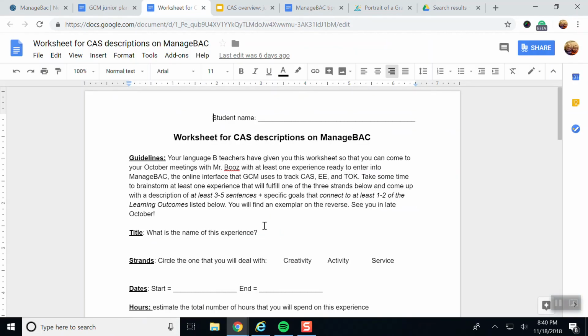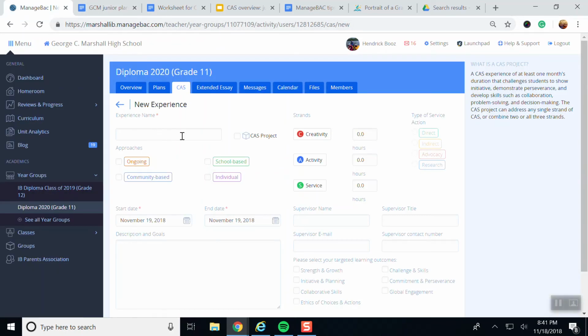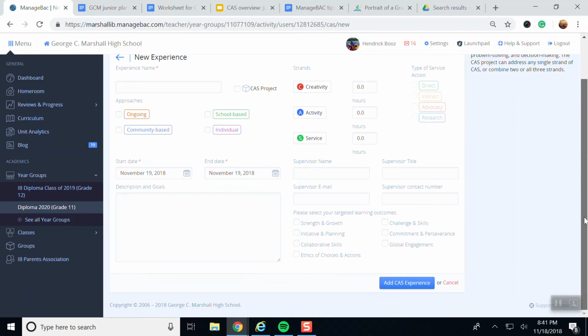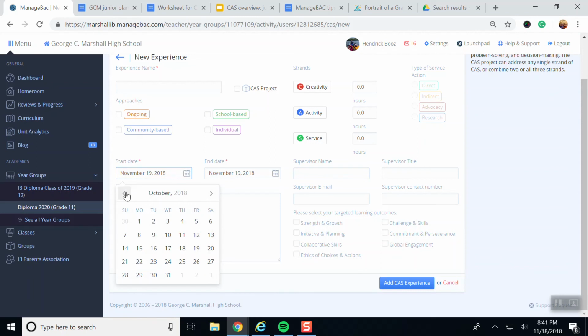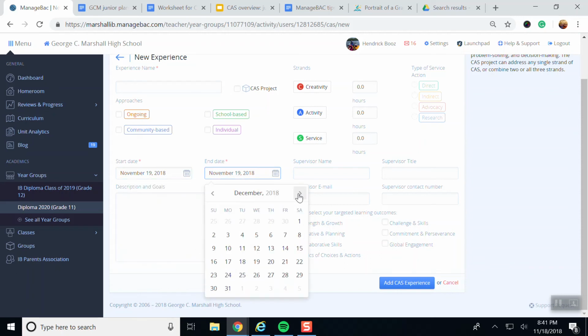This worksheet replicates verbatim what all of the boxes that you have to click are. So you can see you need a supervisor, you need a start date and end date. And that start date can be anything as early as the first day of school, and as late as early June of your junior year. If you know you're going to continue it into your senior year, by all means, you can go ahead and do that.